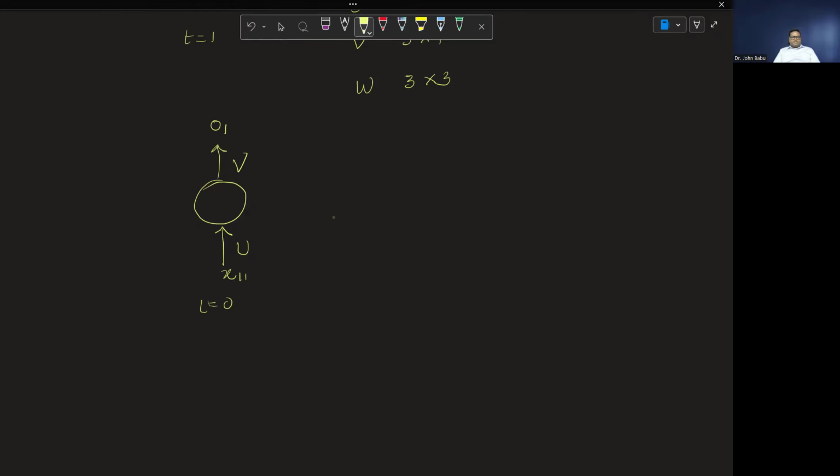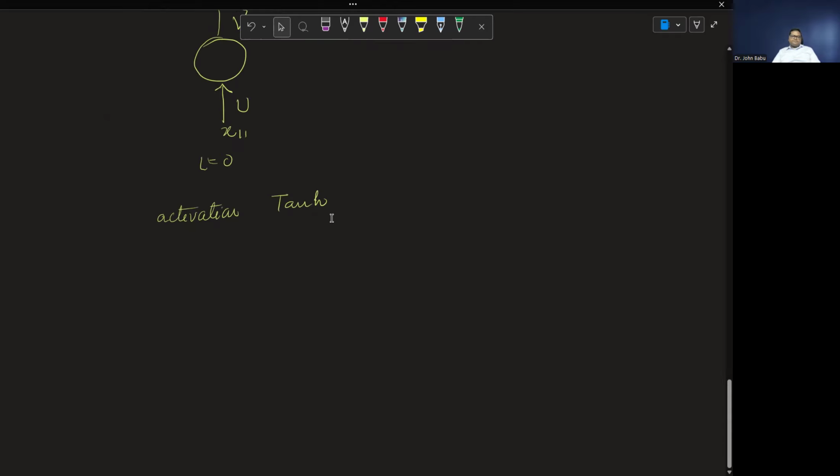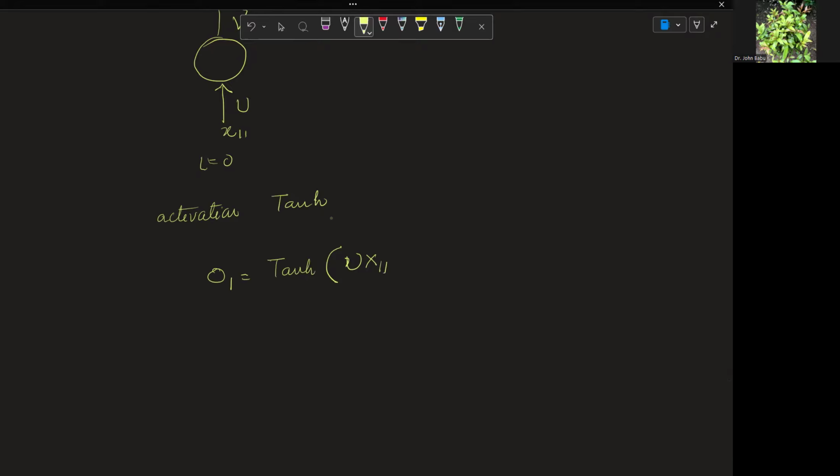So here, if you write the mathematical equation, if the activation function is tan h, generally you can write O1 is tan h of the weight vector u into x11, plus the bias b.